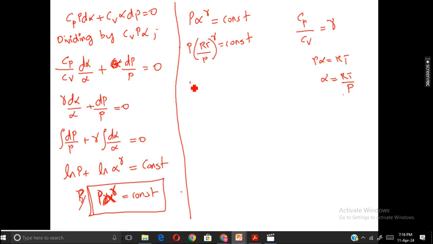That is P raised to (1 minus gamma) into RT, whole raised to gamma, equal to a constant. Now R raised to gamma is also a constant. So P raised to (1 minus gamma) into T raised to gamma is equal to a constant, if we take R raised to gamma to this side, which is also a constant.